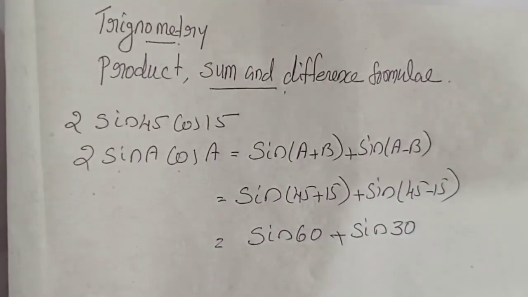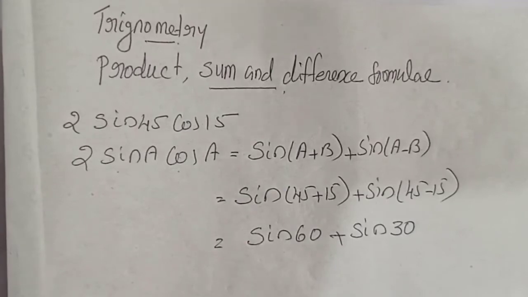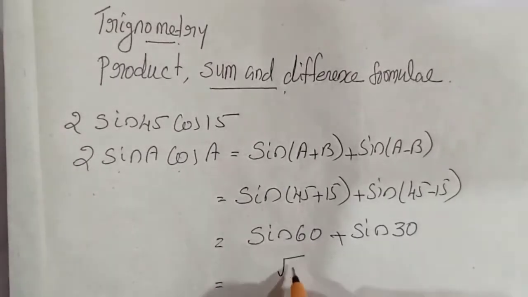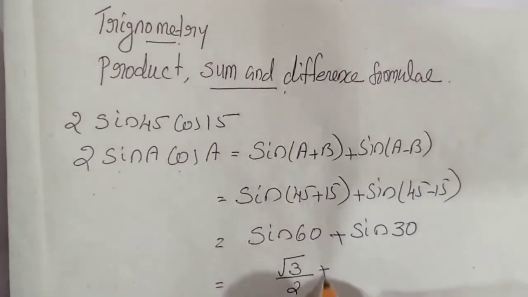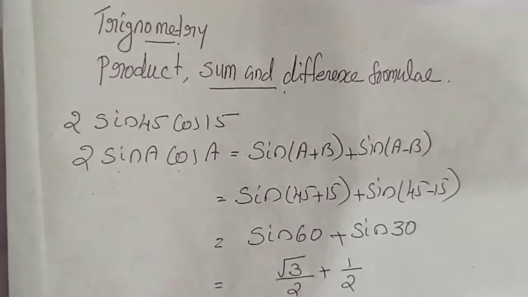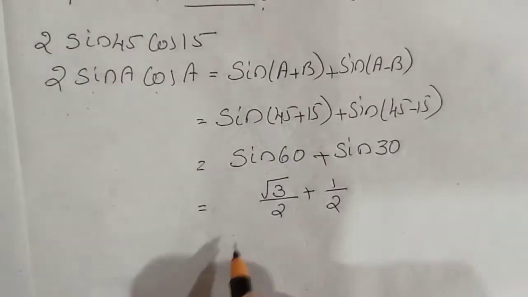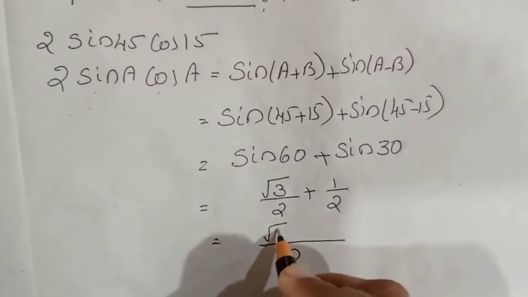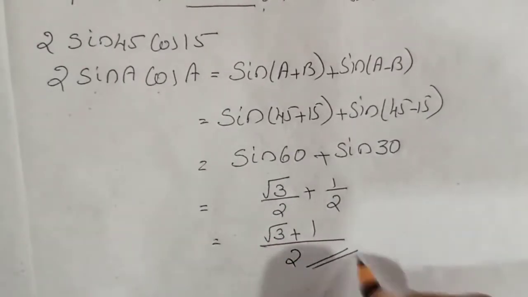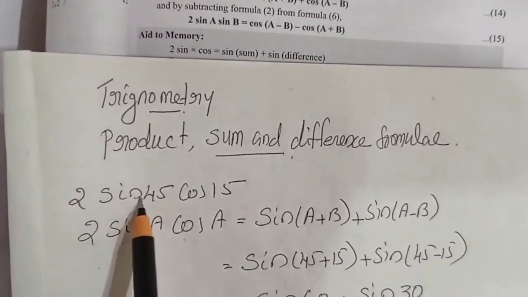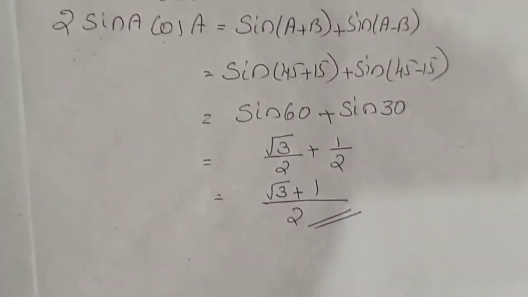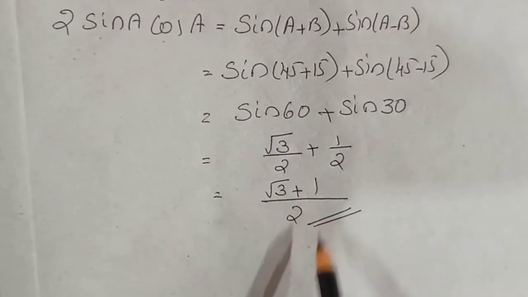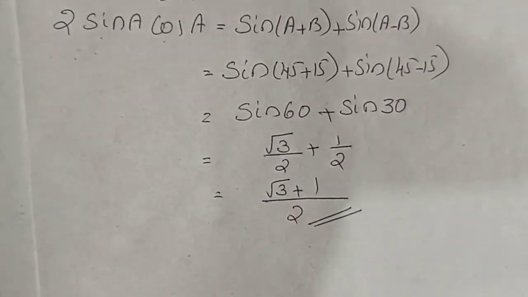Can you say what is sin 60? Root 3 by 2 plus sin 30 is 1 by 2. What's the next step? Here 2 is the LCM. Then root 3 plus 1. So the value of 2 sin 45 cos 15 is sin 60 plus sin 30, that is root 3 plus 1 by 2.